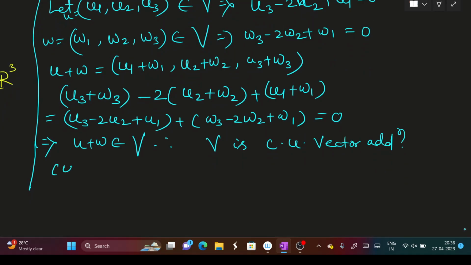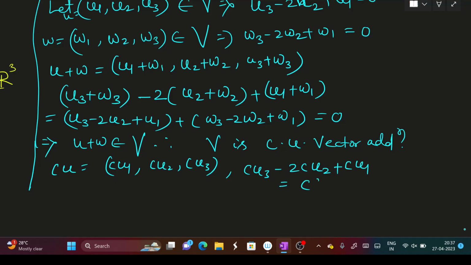Next, C into U. How much is it? C U1, C U2, C U3. So here what is the relation? C U3 minus 2 C U2 plus C U1 is equal to C times U3 minus 2U2 plus U1. But this value is 0.